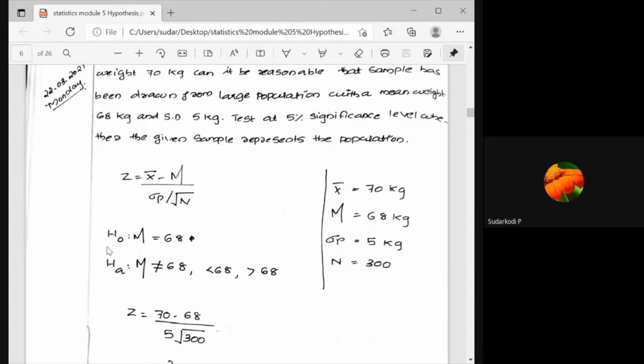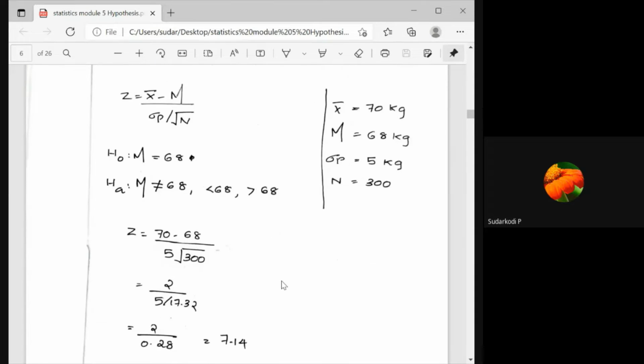Always your null hypothesis is from the population. So H naught is mu equal to 68. And your alternate hypothesis is always not equal to, but it can be either greater or less. When it is either greater than 68 or less than 68, it is called two-tailed. Okay, till there it is the same as you have done.